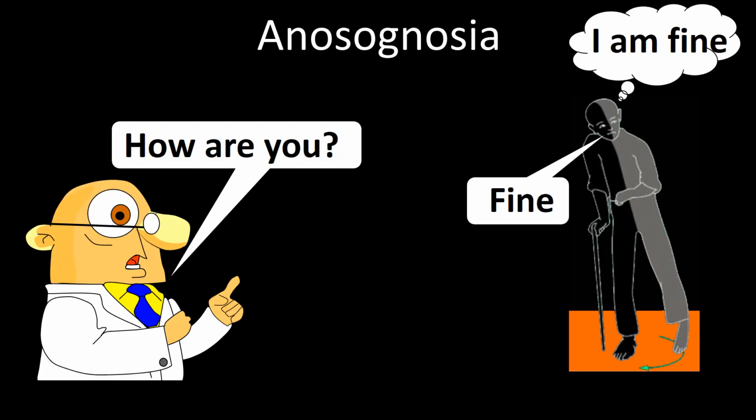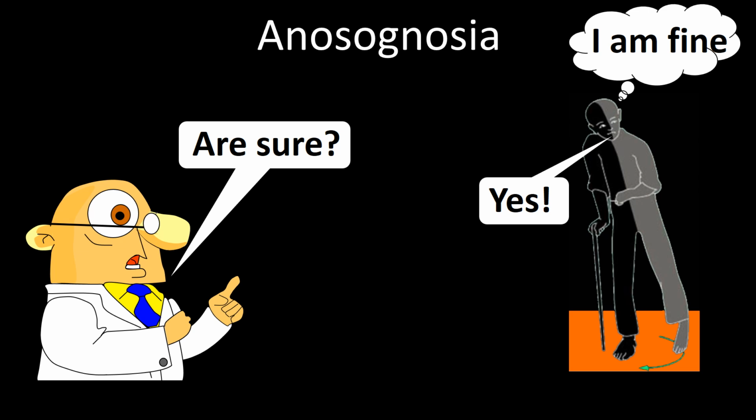The second possible answer is anosognosia, a term that we will define in the next frame. It means not being able to recognize an illness. As you can see in this frame, a patient with hemiparesis is asked, how are you? And his response is fine.